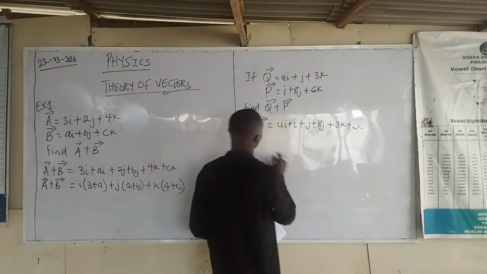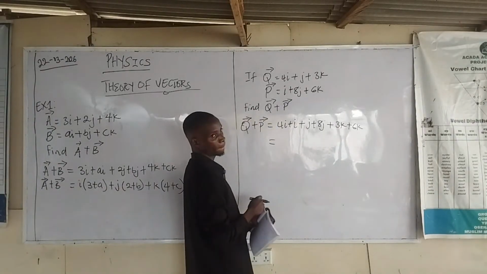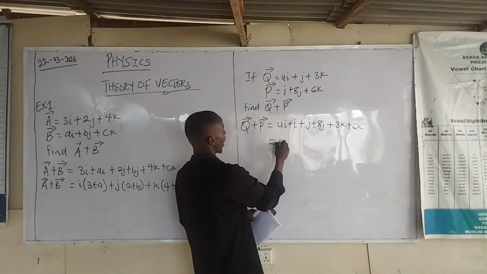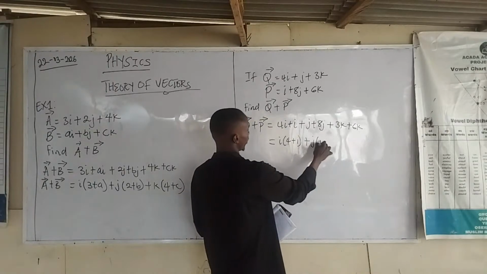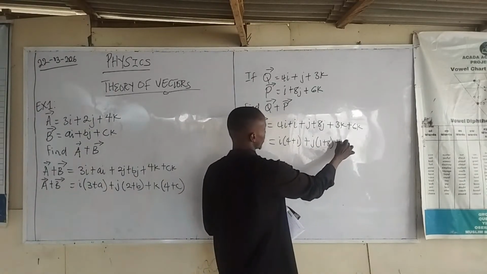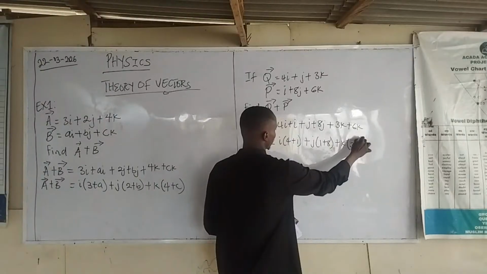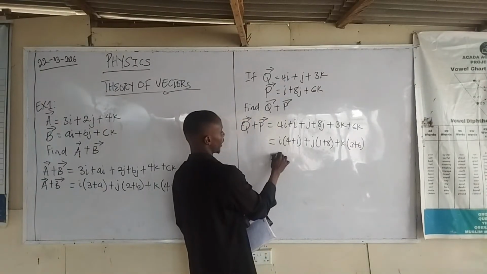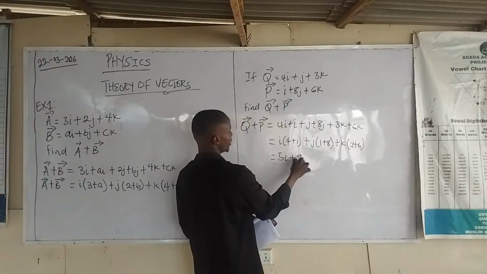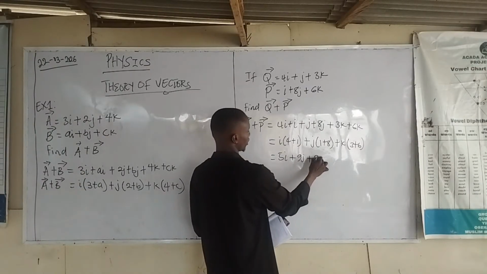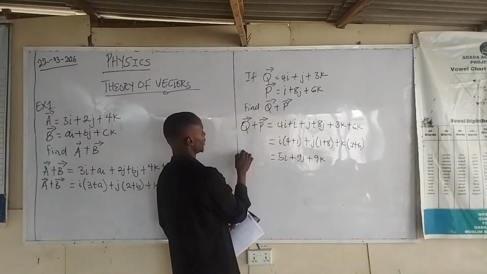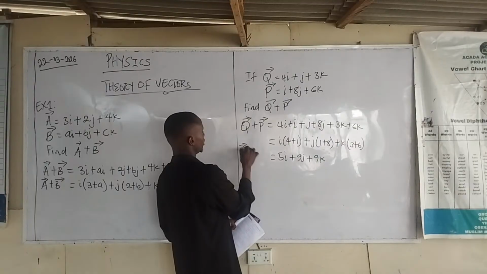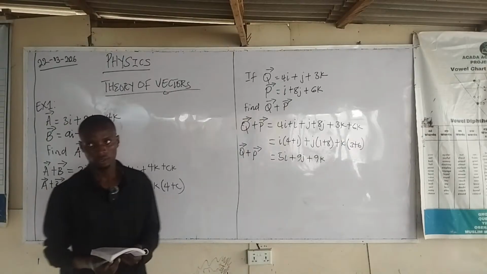So we have i times (4 plus 1), plus j times (1 plus 8), plus k times (3 plus 6). We have 5i plus 9j plus 9k. So this is the addition. Any questions so far?